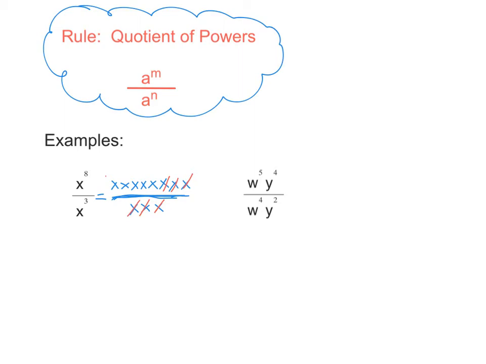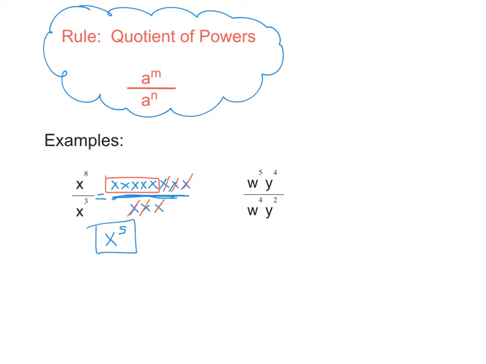And what we have left here is x to the 1, 2, 3, 4, 5. So our answer here is x to the 5th power, and we don't need our denominator. We could write over 1, but we don't need a denominator anymore because all of these are gone. So our answer is x to the 5th.